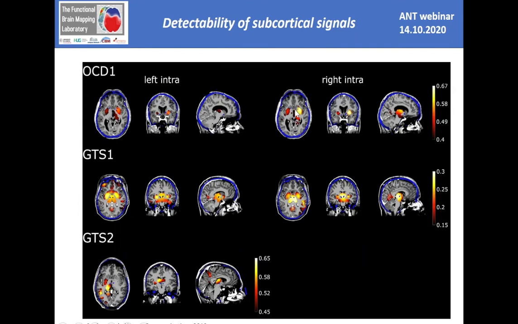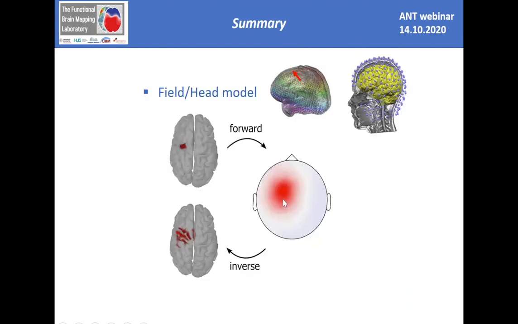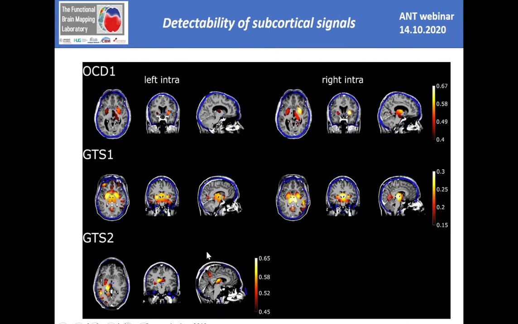Because we did a non-invasive reconstruction of all solution points covering the whole brain, it would be possible that every site would be active, but that's not the case. Only the sites close to the true implantation site are significant, and the correlation is quite high. That was true for all the participants investigated. Based on this, we say, yes, it is indeed possible to detect subcortical signals with non-invasive recordings.